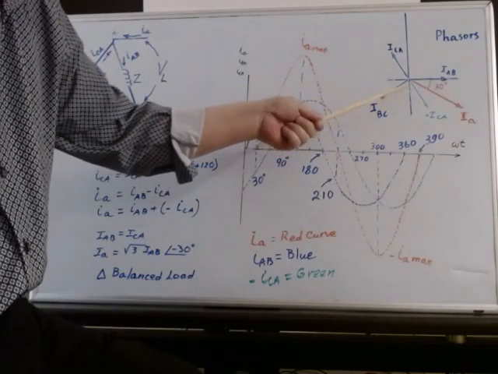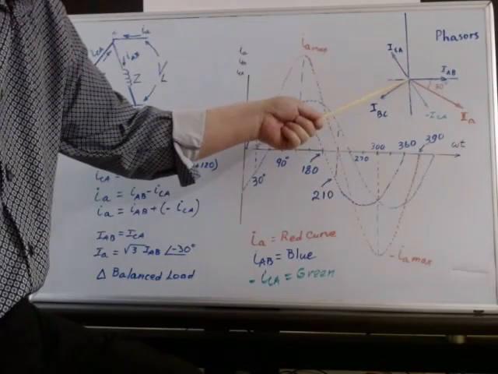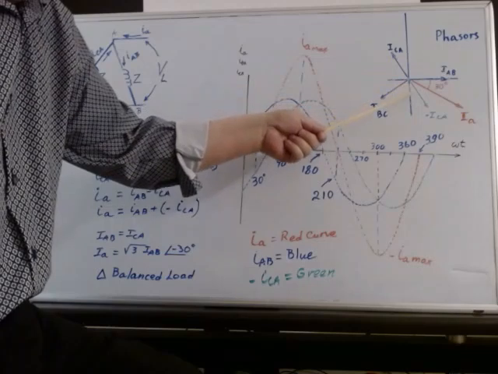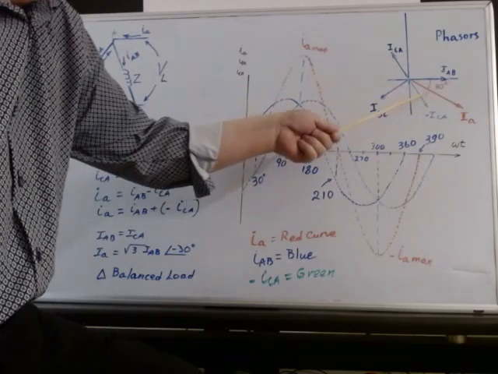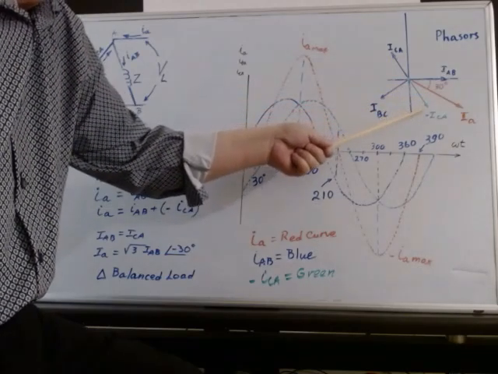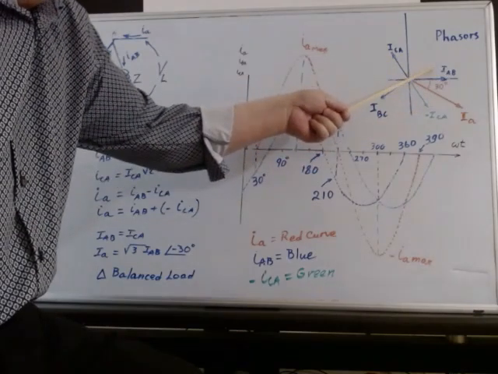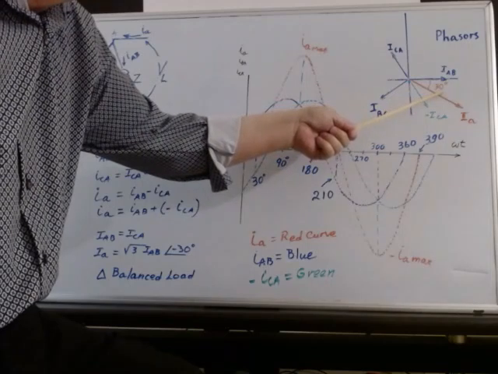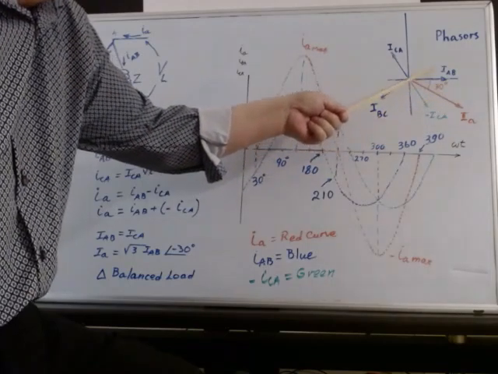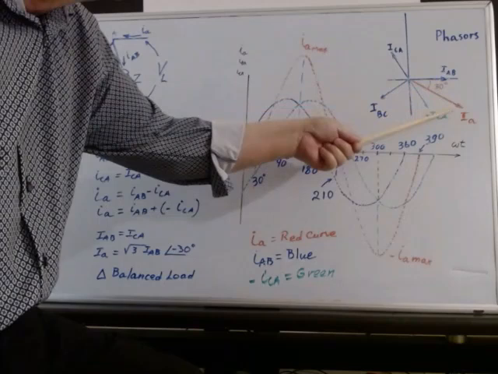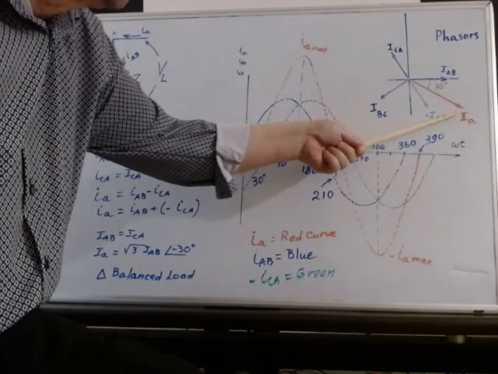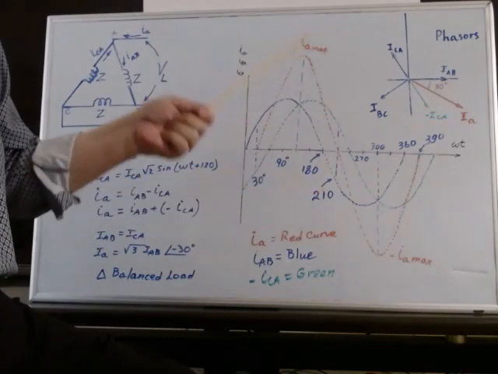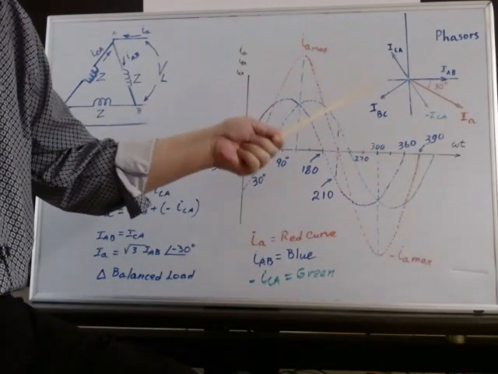Now, you take the opposite of ICA, that is this vector here. So, combining minus ICA with IAB, you get IA, which gives you 30 degrees here, and the phase current is leading the line current. It's as simple as that with phasors or with complex numbers.